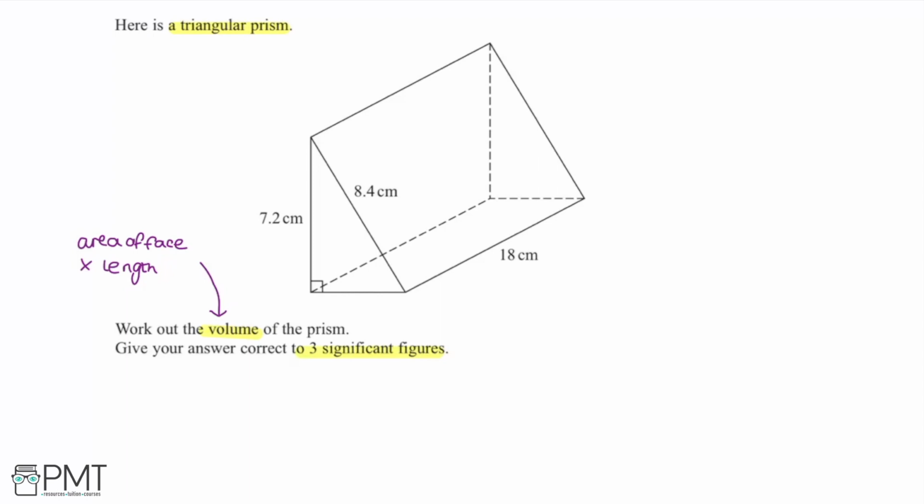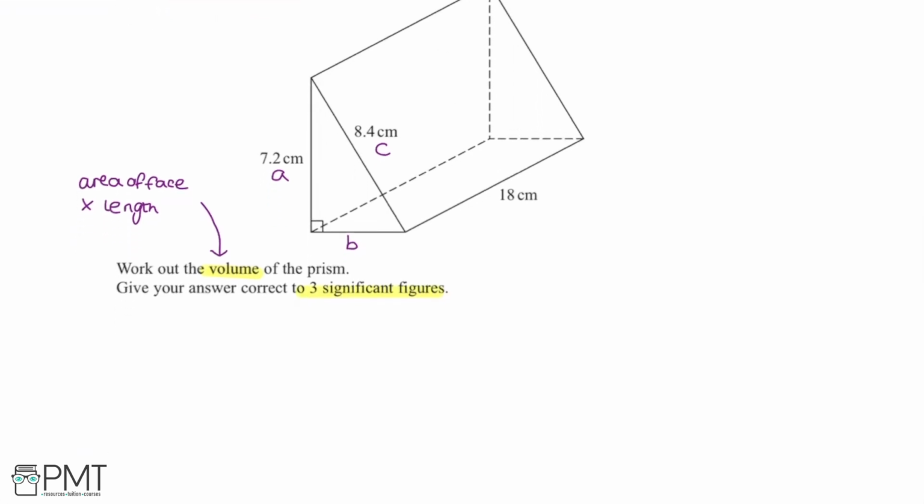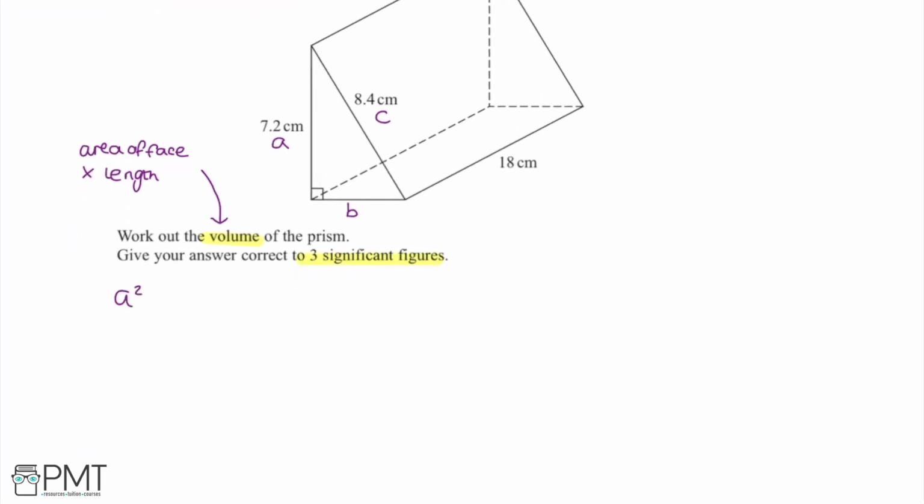So if I label up the sides A, B and C, for example, then we know that A squared plus B squared is going to be equal to C squared. And B here is the unknown. So if we want to find B, we can take away A squared from both sides, leaving us with B squared is equal to C squared minus A squared.